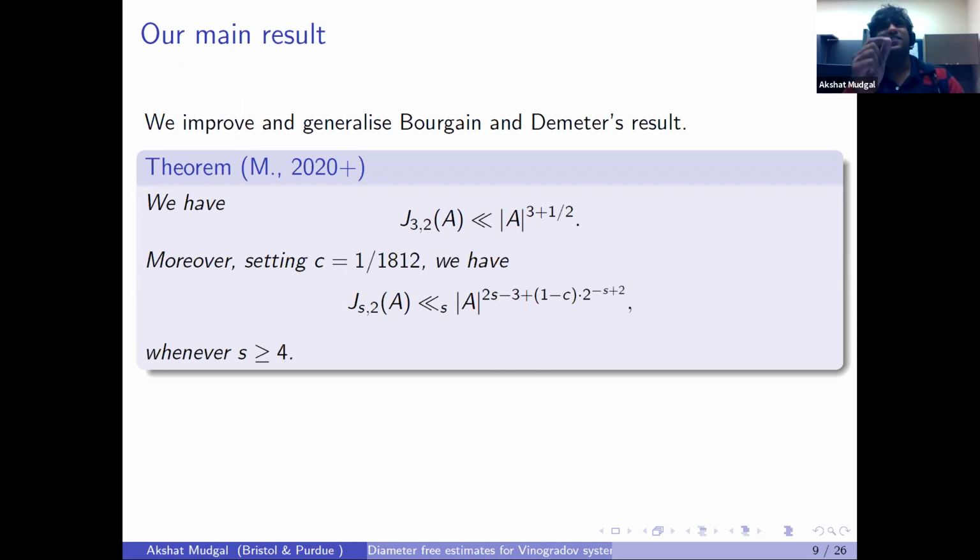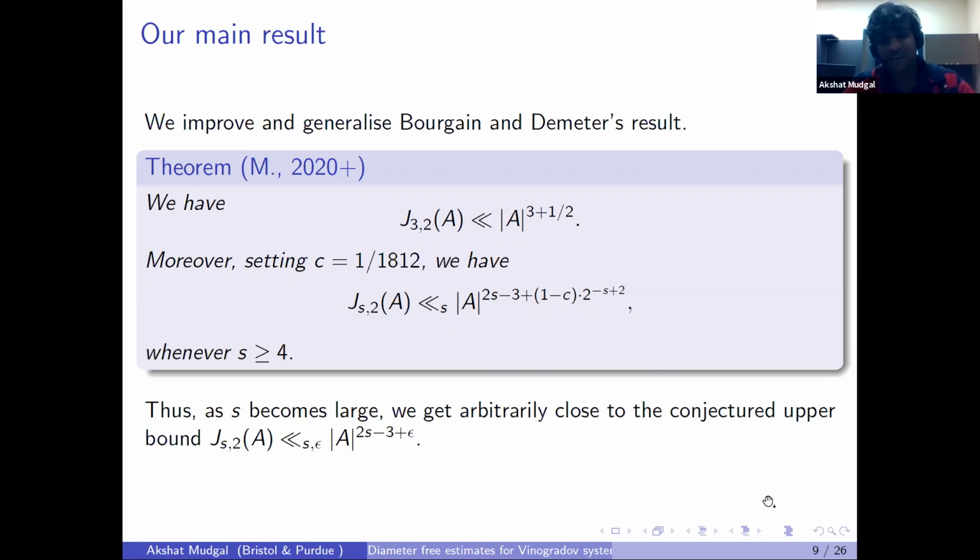It looks like 0.0005 or something, which makes 1 minus c a constant strictly less than 1. So you've got this exponentially decaying factor and a constant which is strictly less than 1. And so we see that as s becomes large, we get quite close to the conjectured upper bound A to the power 2s minus 3 plus epsilon. Ideally, this little o(1) term should be independent of s, but we could only make this exponentially decaying in s.